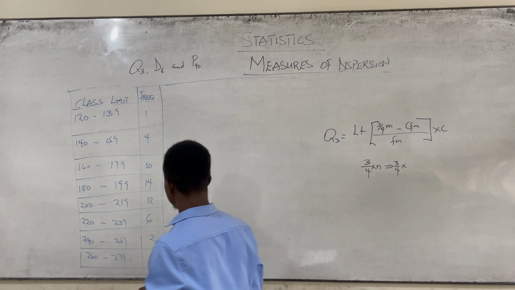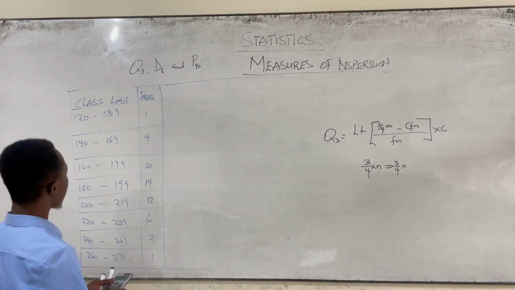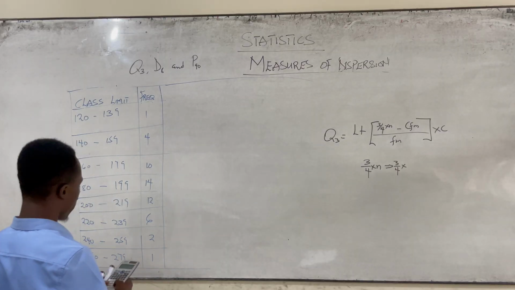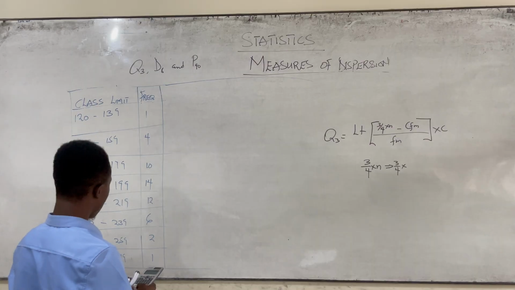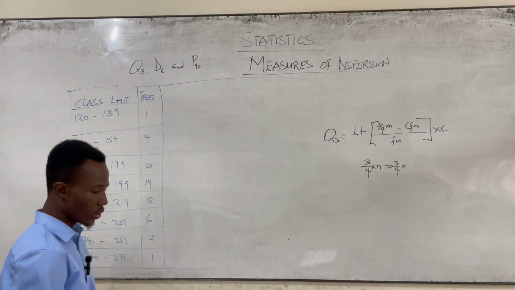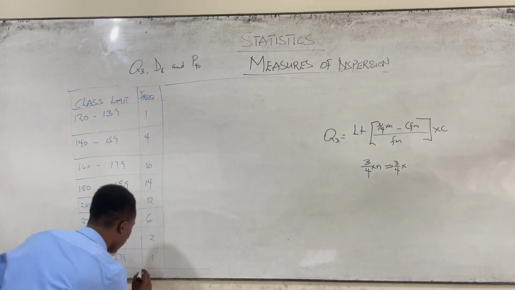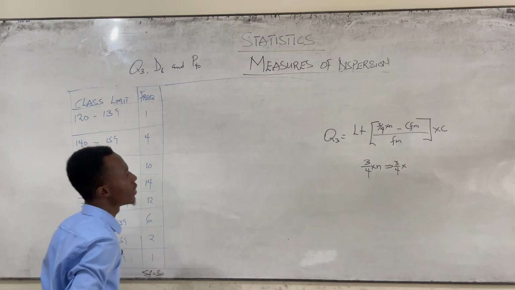Now what is the total frequency? We add everything here. So we have 1 plus 4 plus 10 plus 14 plus 12 plus 6 plus 2 plus 1, and so that is 50. So we have our total frequency to be 50, right?